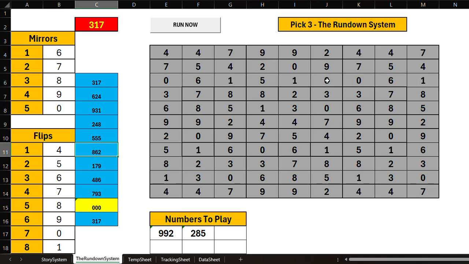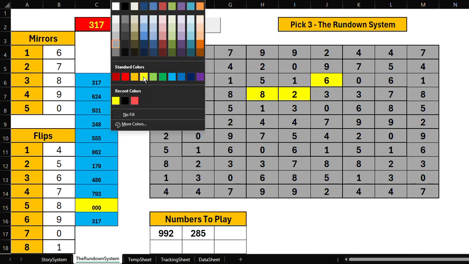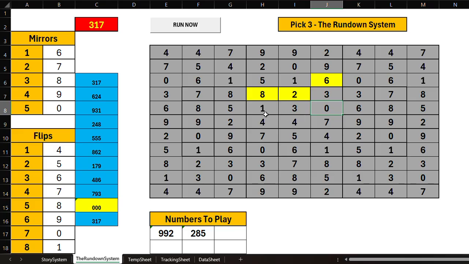Okay, so here's an 862 that's connected, and is that the only one? 682. It's down here as well. 682.